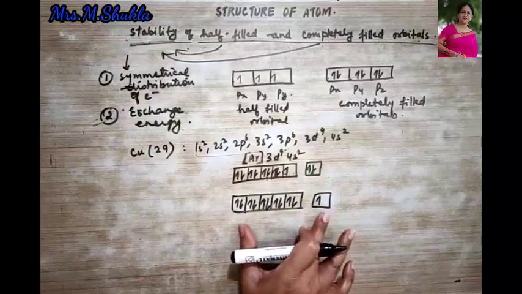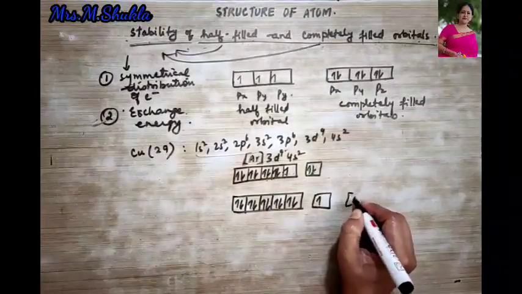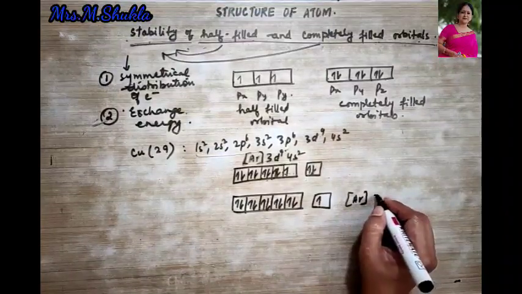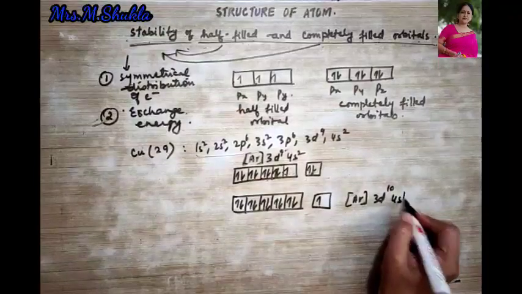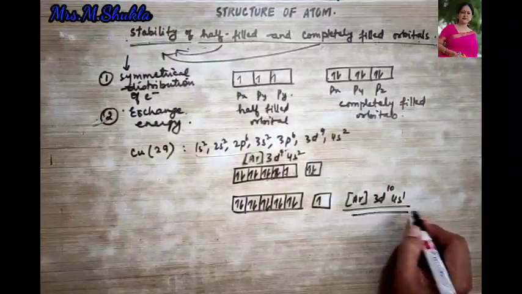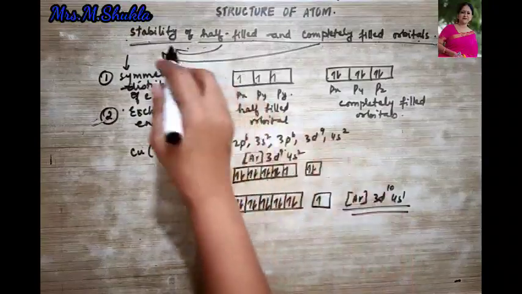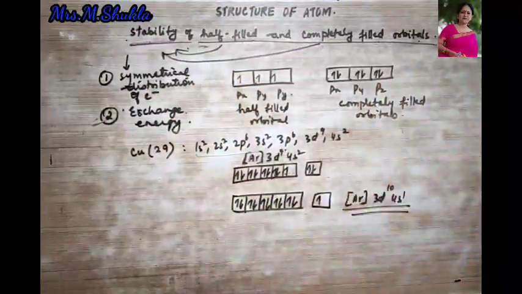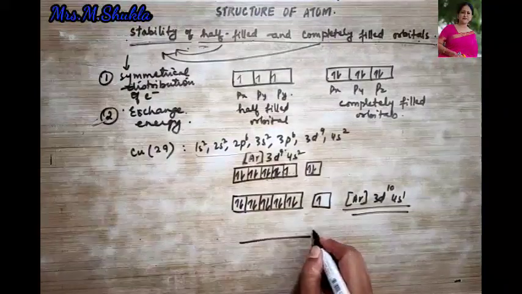So if this is more stable, then what should be the electronic configuration? It should be argon, then 3d, how much? 10, 4s1. So this is the deviation from Aufbau's rule, which follows the stability of half filled and completely filled orbitals. So with this, we wind up with the chapter.